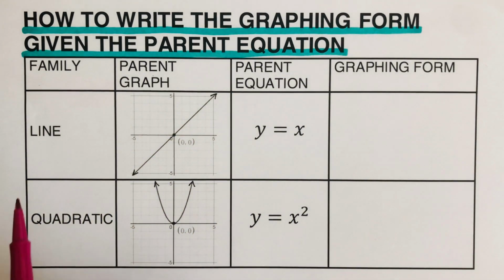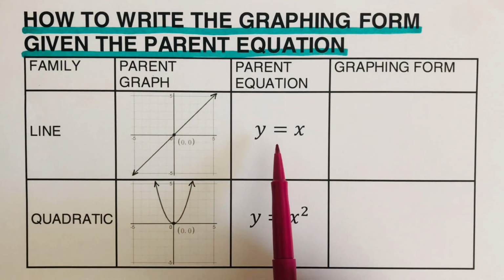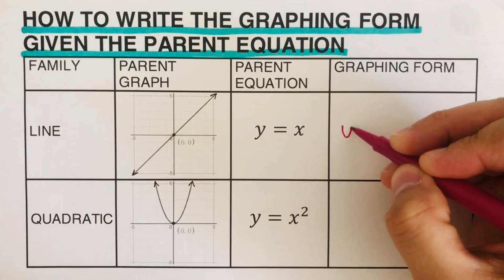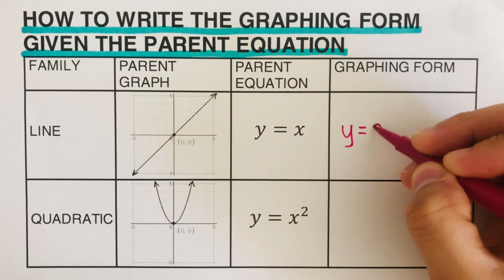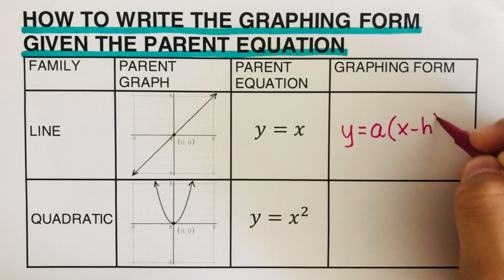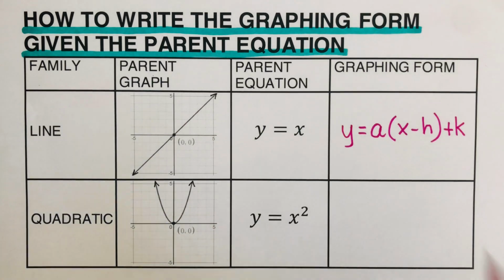So let's start first with line. This is the parent graph of a line and this is the parent equation of a line. Now the graphing form of a line would be y equals a(x minus h) plus k. So this is the graphing form of the line.